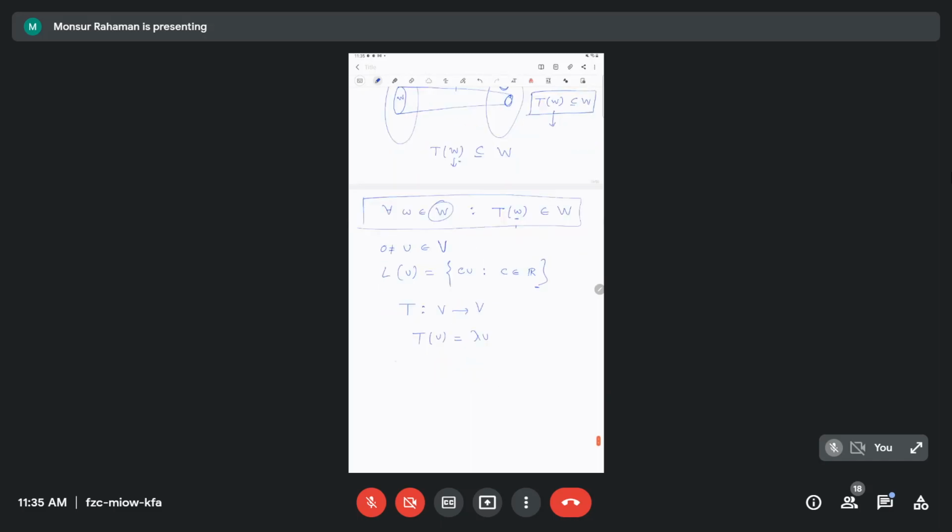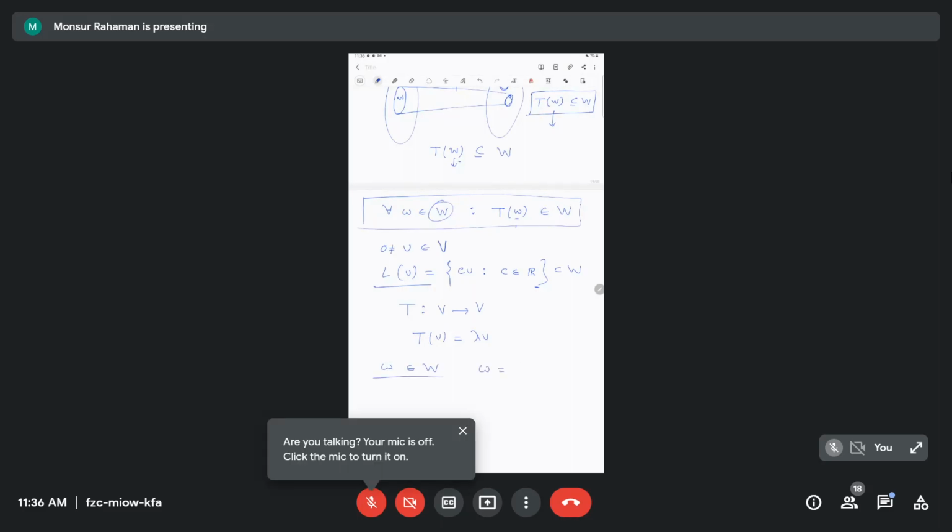Okay, so let's call this vector space W. If you take any w belonging to W, w is defined as cv for some c.